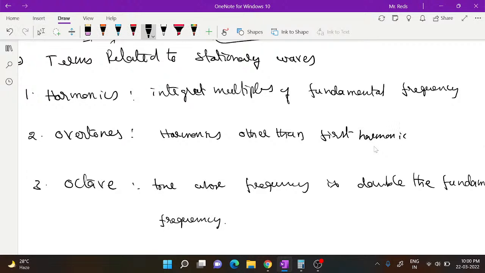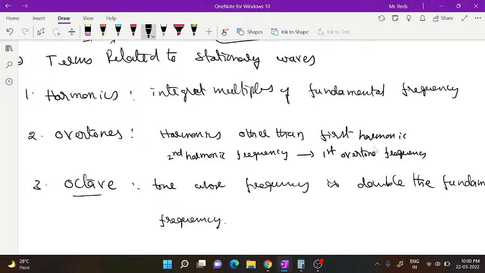That means from the second harmonic onwards you have to consider; the first harmonic you have to exclude. Second harmonic frequency will be called the first overtone frequency. Third harmonic is called the second overtone. Nth harmonic is called the (n minus one)th overtone frequency.